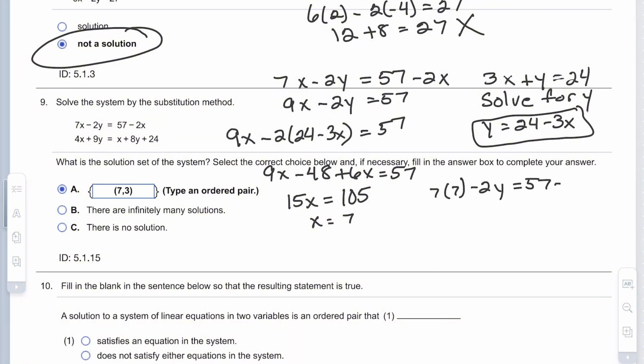And so once you get your solution for x, then you just plug that into the equation. And I just use the first equation, and you can leave it as is. Just plug it back in, and you just solve for y.